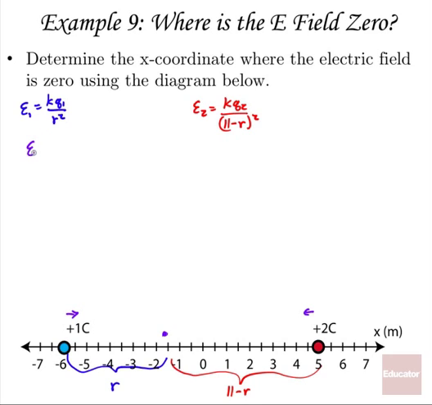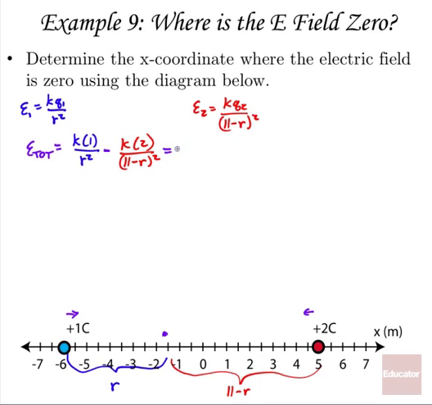So our total electric field is going to be our blue electric field over here, K times Q1, which is 1 coulomb, divided by R squared, and we'll have to subtract, because this is going to the left, the electric field due to the red charge. So that will be minus K, the charge is 2, divided by 11 minus R squared.